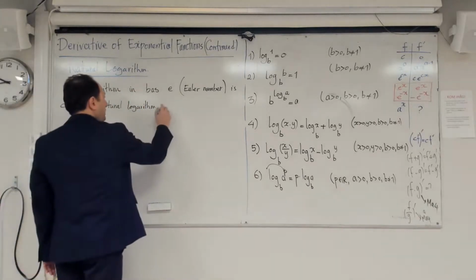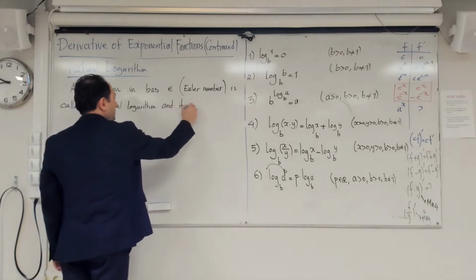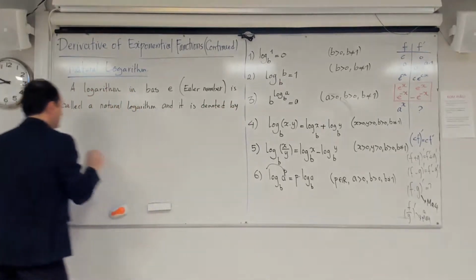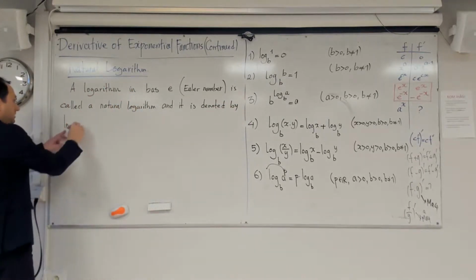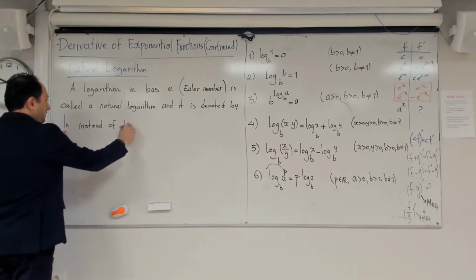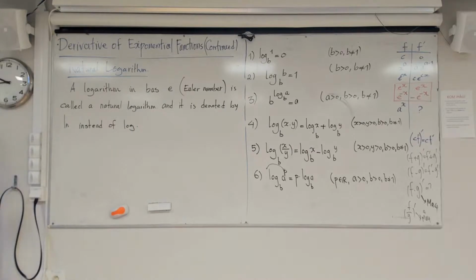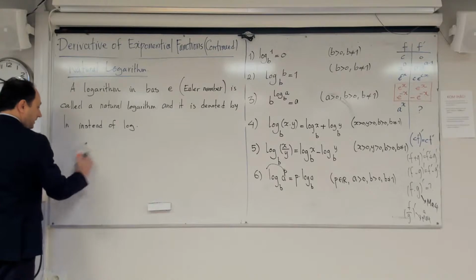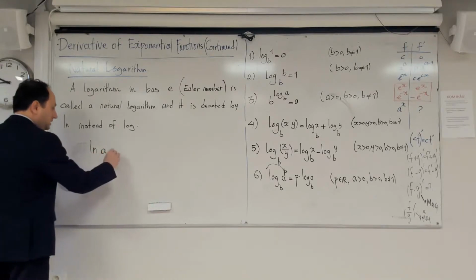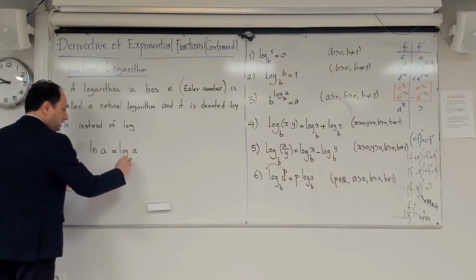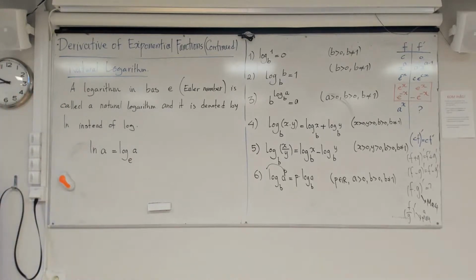And it is denoted by ln instead of log. Okay, so when you say ln of a, it means logarithm of that number in base e.